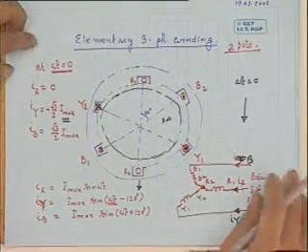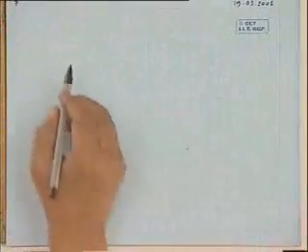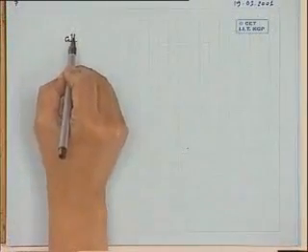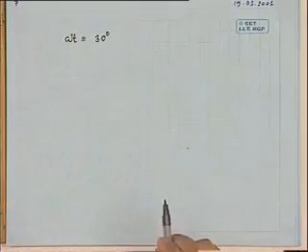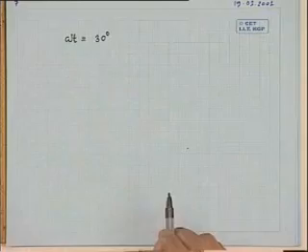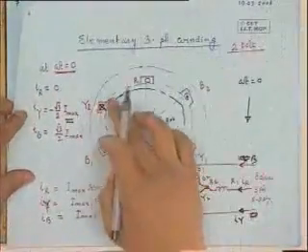Similarly, you can find out at omega t equal to 30 degree the distribution of the current.